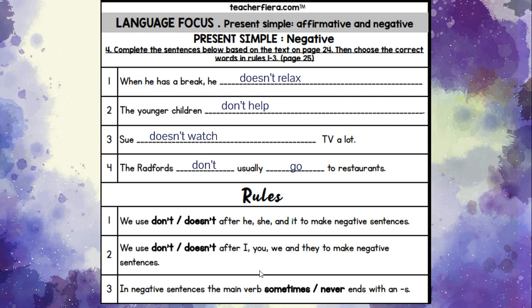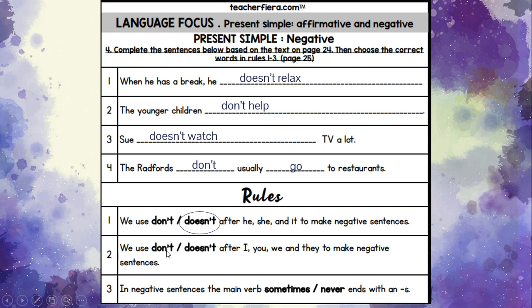Next, let's choose the correct words for the rules. Number 1. We use don't or doesn't after he, she, and it to make negative sentences. So, which one is the answer? Yes, that's right. The answer is doesn't. Number 2.